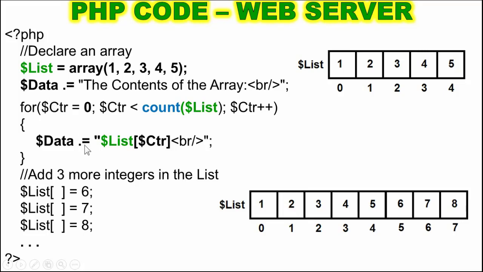To add or append an element to the array, we simply reference the array name followed by empty brackets, with the next index or with an index, followed by an equal sign and the element value. Thus, the three commands will append the element values 6, 7, 8 to the array named $list.